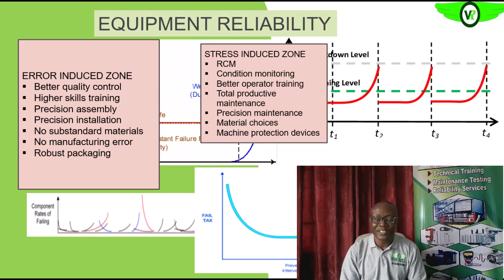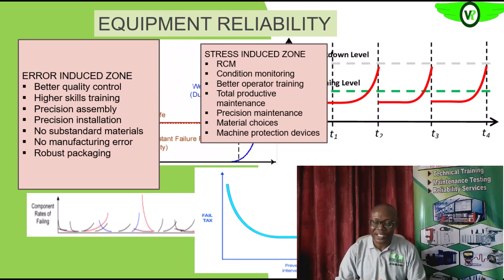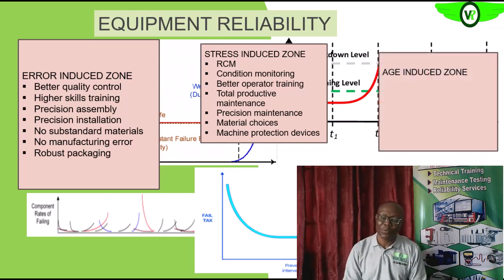Then if it is mechanical equipment that we are looking at, maybe the components, tubings or pipings, the pressure relief valve will help to relieve the pressure in a particular vessel or in a particular tubing. You understand? Those are protective devices that will help to protect against those stressors that compromise the reliability of our system.